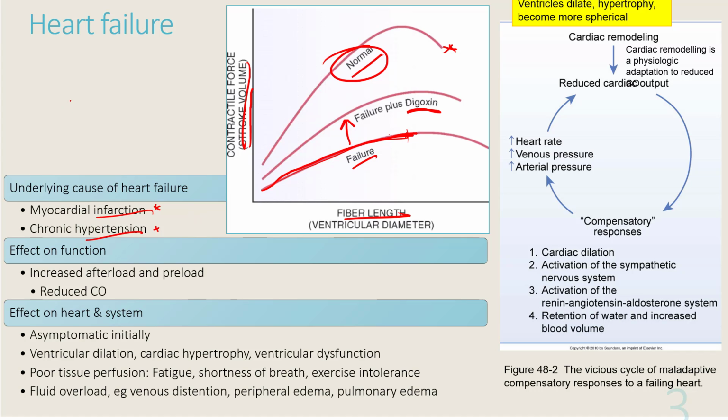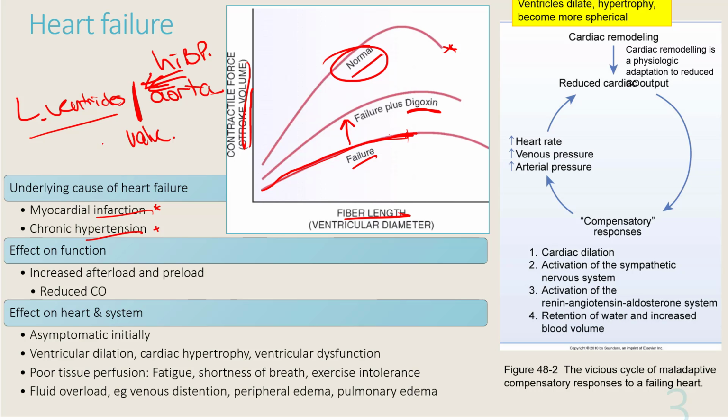You have the ventricle, the valve, and then the aorta, so we're talking about the left ventricle. With high blood pressure, the pressure of the blood on the aortic walls and the valve is exerted to a greater degree, and so the ventricles need to work harder in order to push blood out.